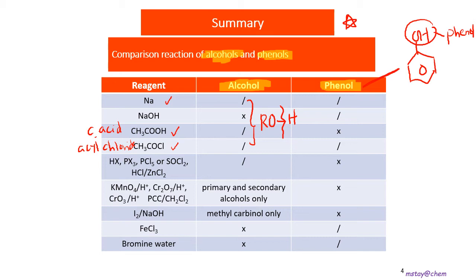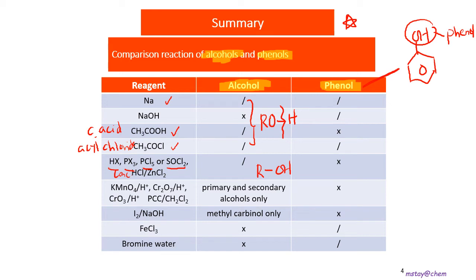If the alcohol reacts with HX, PBr3, PCl5, SOCl2 in pyridine, and concentrated HCl with zinc chloride, the bond is basically broken between R and OH.